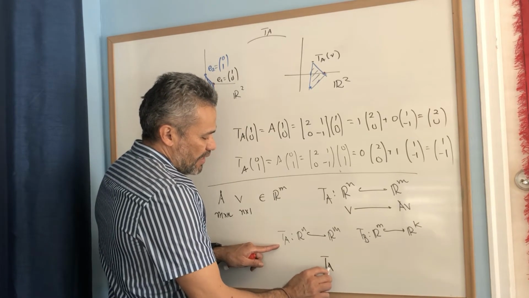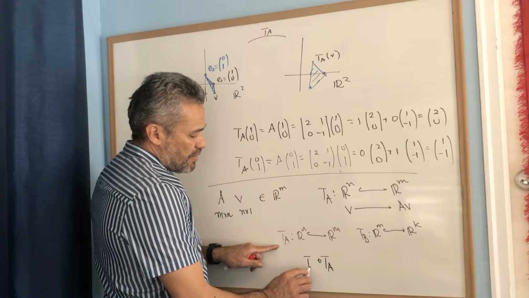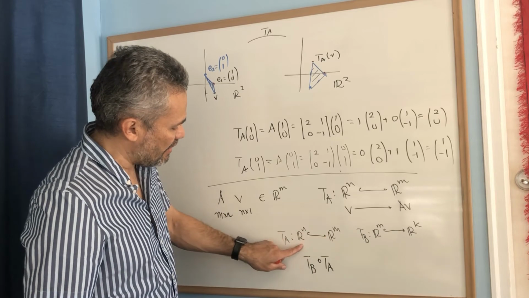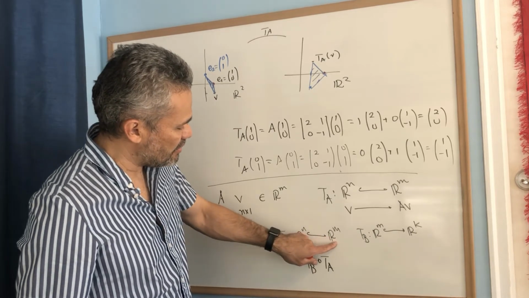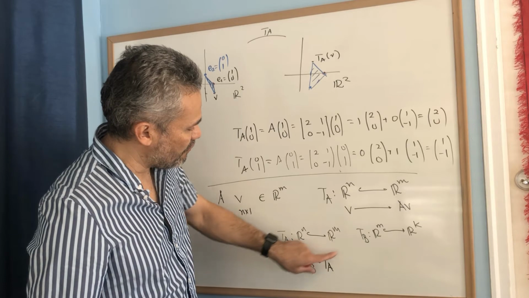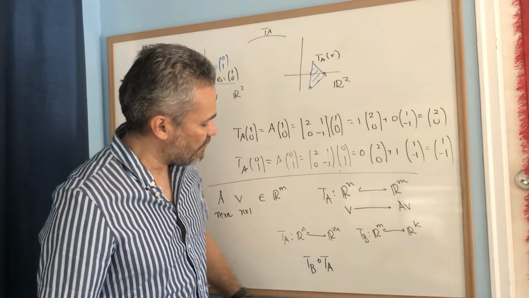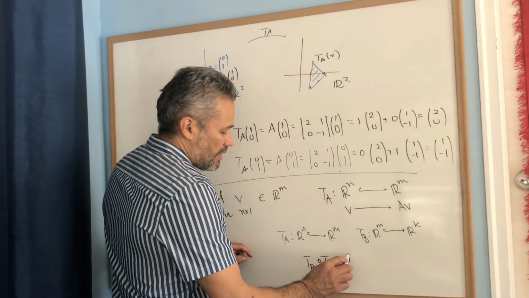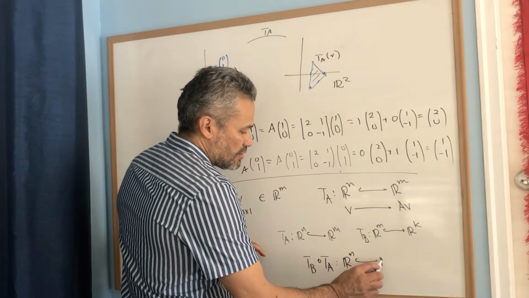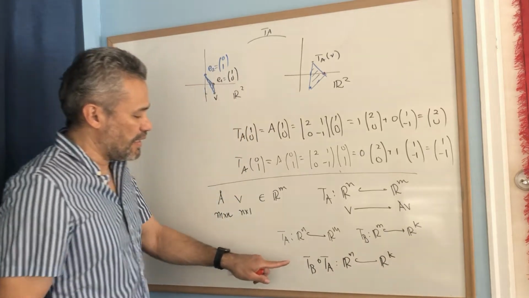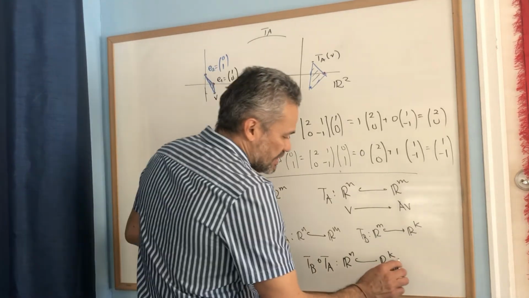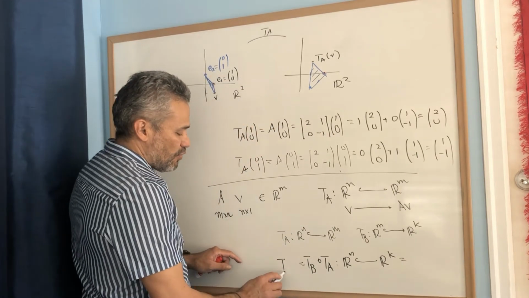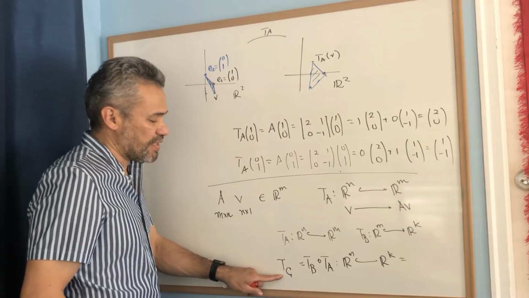I write T of A composed with T of B. First, T of A takes a vector in Rn and gives a vector in Rm, and then T of B takes a vector in Rm into a vector in Rk. Then this is a function from Rn into Rk.